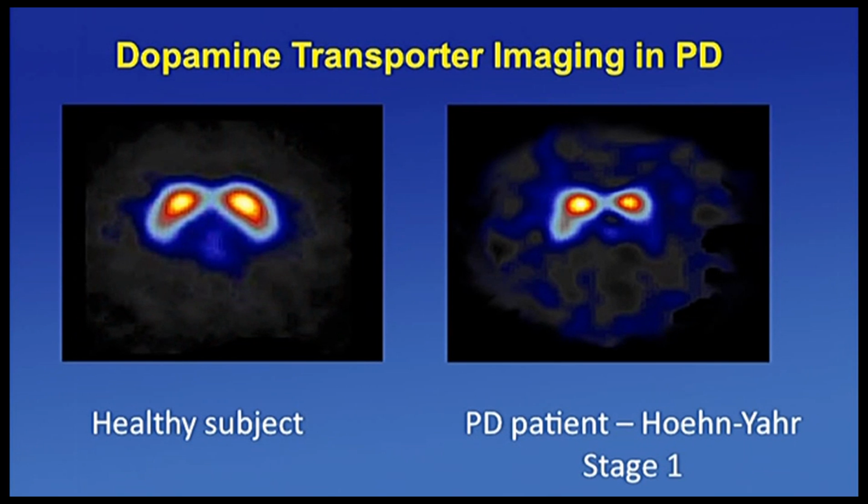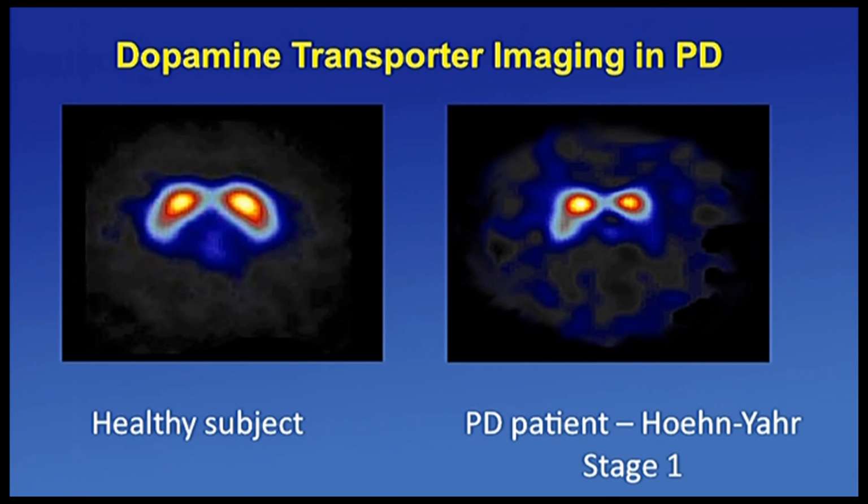So if there's a reduction in this picture or in this uptake, it means that these cells are not functioning as normally or they are dead. You can see on the left here, this is a healthy subject, and that shows significant normal uptake. On the right, though, you can see that this is an early Parkinson patient, and there is reduction in this uptake on the DAT scanner.